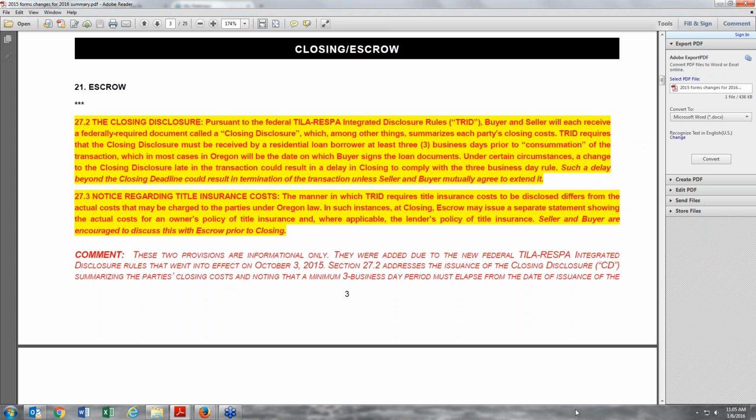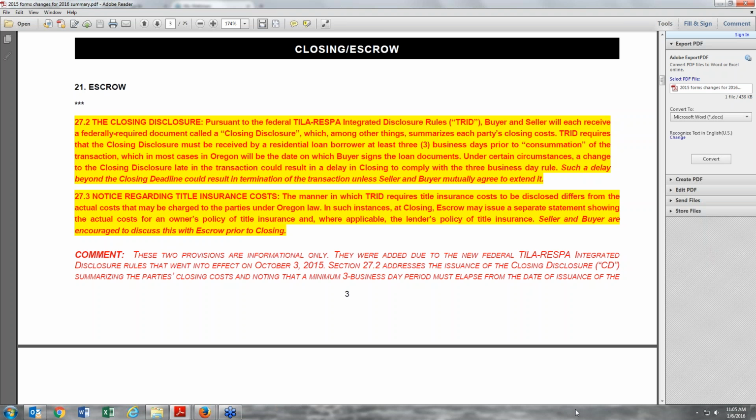There was a lot of hand-wringing about that prior to October 3, but the law in regards to when a TRID-driven change would require the closing date to be pushed off is very, very limited. I won't get into the provisions, but they are very, very limited and fairly remote. Not in all cases, but fairly remote.